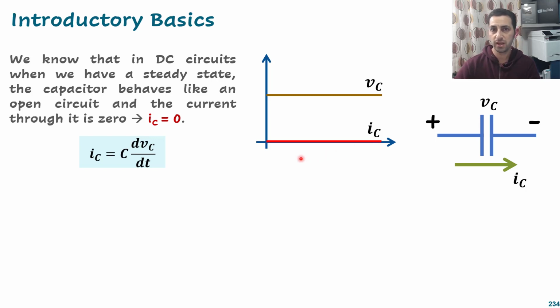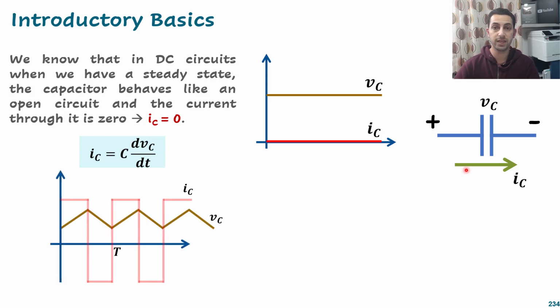But this is for non-switching DC circuits. However, if we now start switching the voltage across this capacitor to make variation, the average current passing through that capacitor will also equal zero.